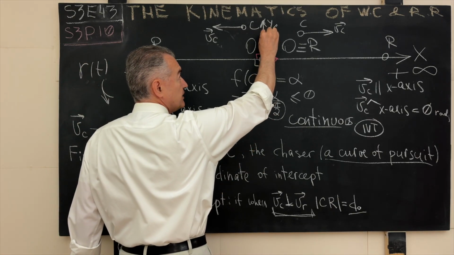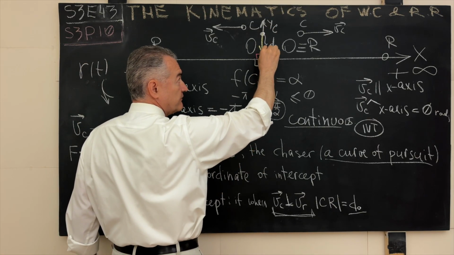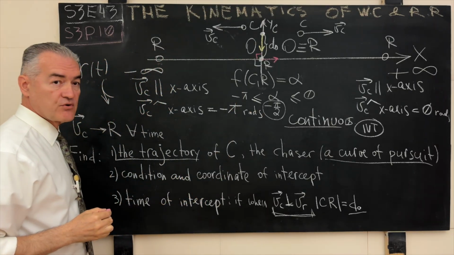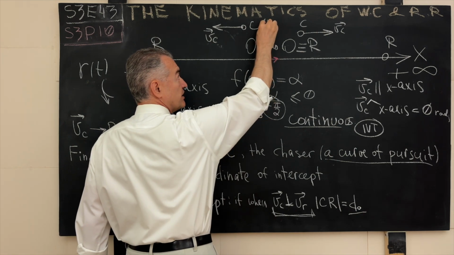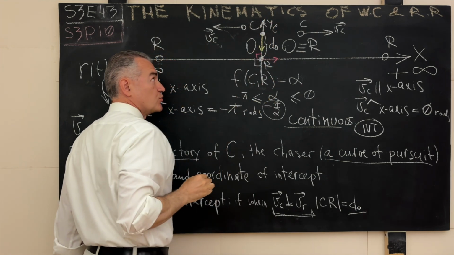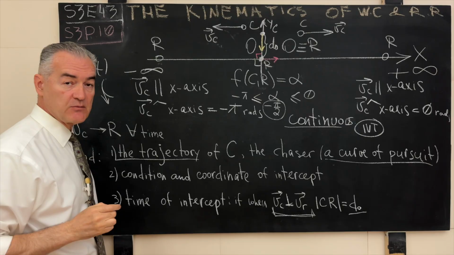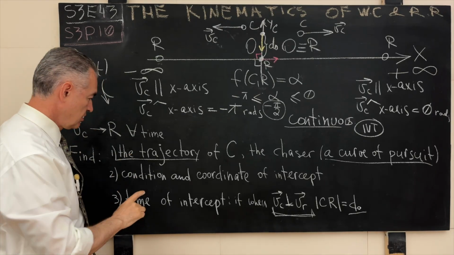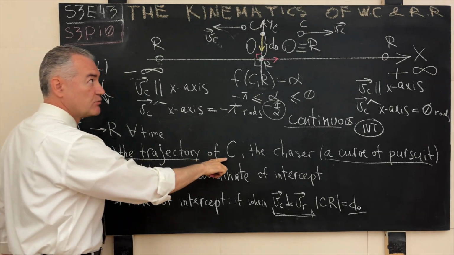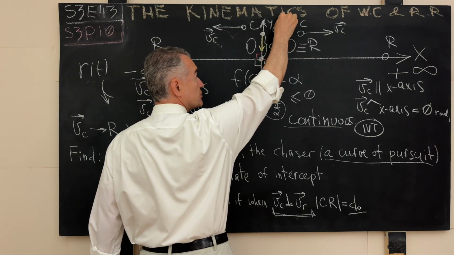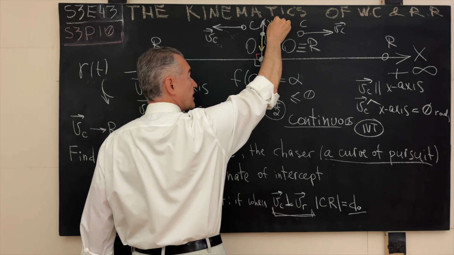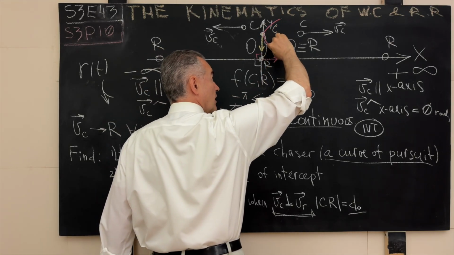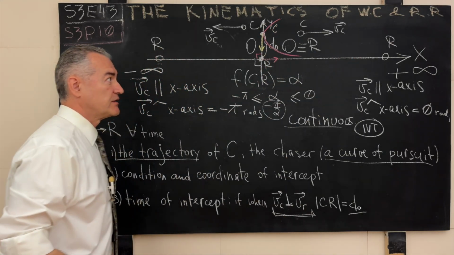At the point C, when the vectors of the velocities of the runner and the chaser are orthogonal, the coordinate axis y plays the role of what? It plays the role of the tangent to the trajectory of the point C. So this trajectory, we can already theoretically roughly sketch out the graph of that function.